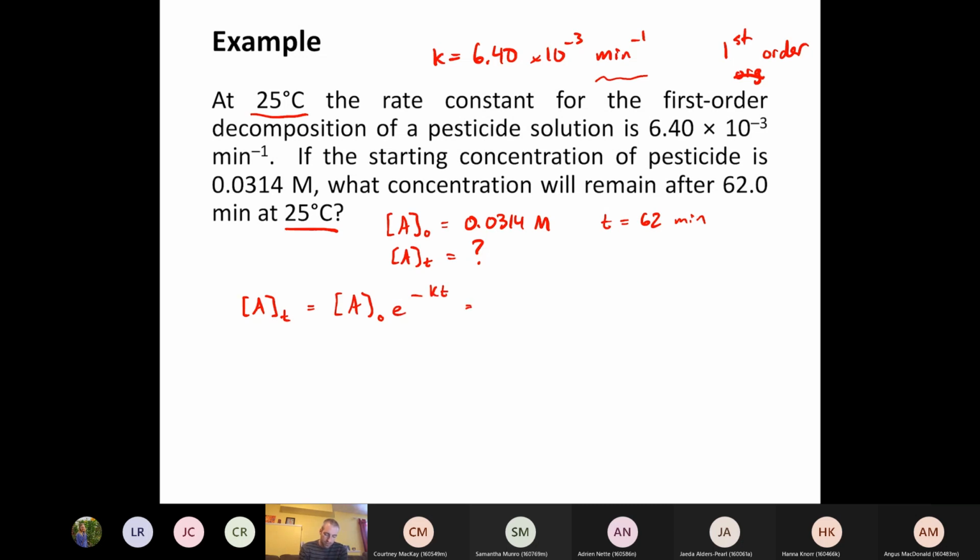We know all these numbers: 0.0314 molar times e to the minus k, which is 6.40 times 10 to the minus 3 minutes to the minus 1, times 62 minutes.